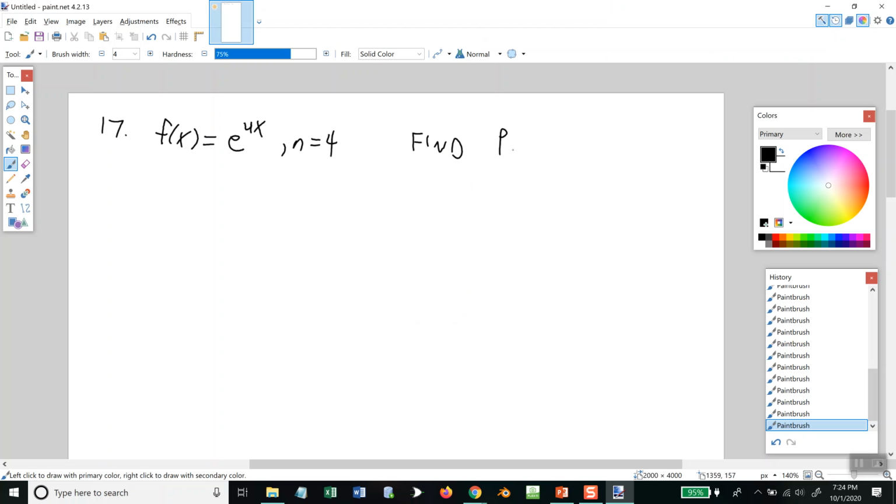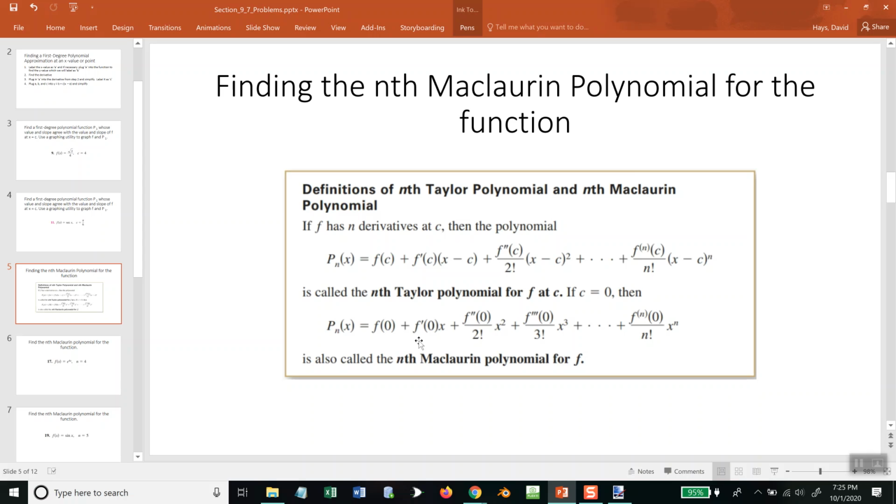We want to find p sub 4 of x. So that's our goal. Now, if you look at this formula, it goes up to the nth derivative. Since n is 4, we're going to need 4 derivatives, won't we?